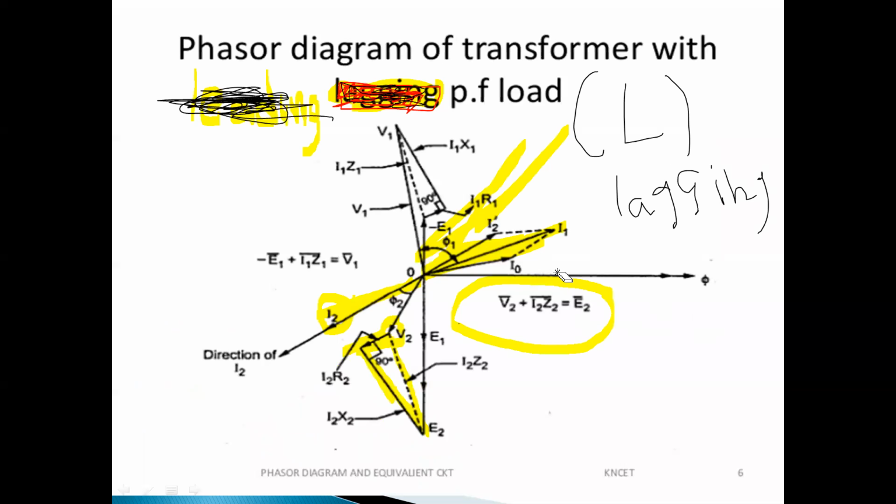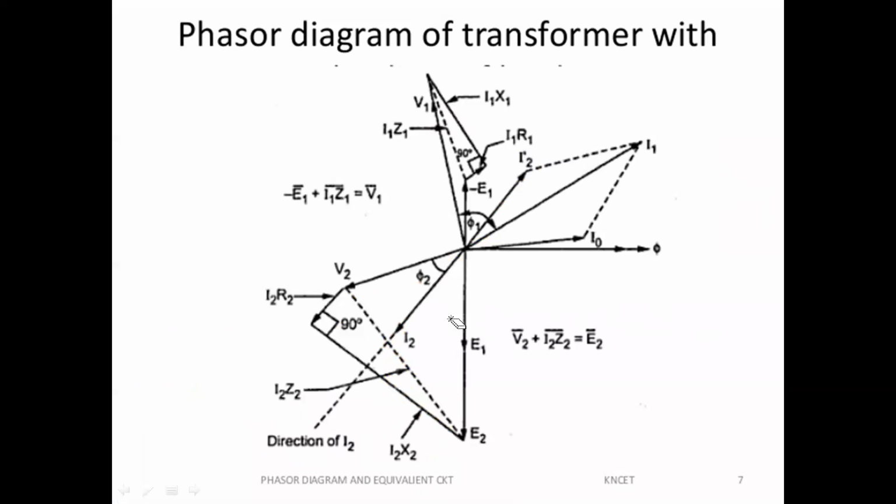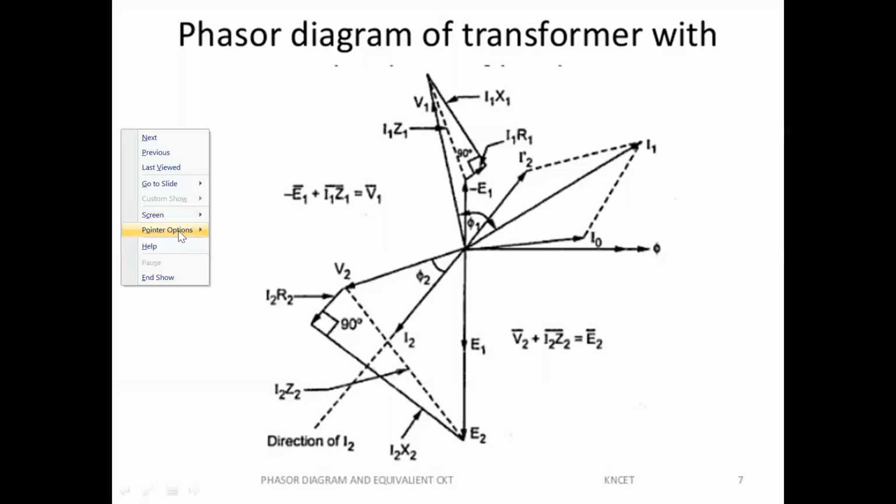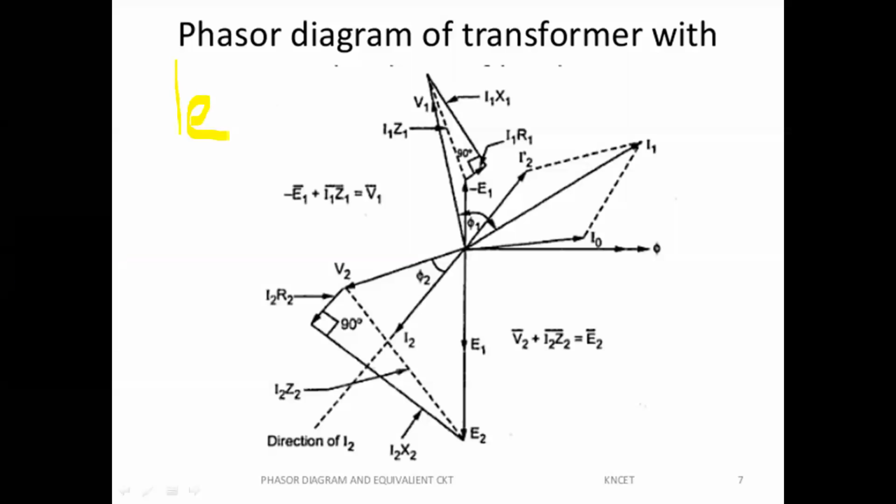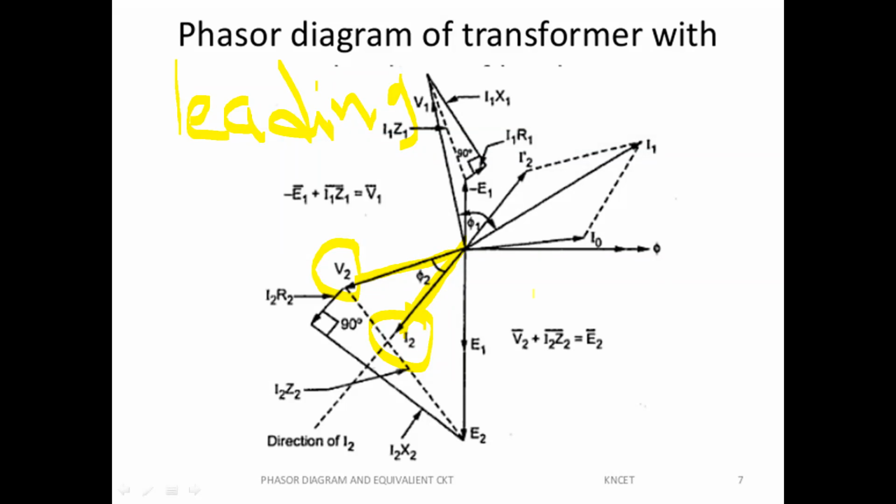Okay, so it came like this. Next I will show the diagram. Current leads. Phasor diagram of the transformer with leading load. Leading means capacitor load. Here the current leads the voltage by some angle. Not pure means the voltage and current do not have a phase angle of exactly 90 degrees, so there is some resistance also. Leading load, lagging load, unity load.